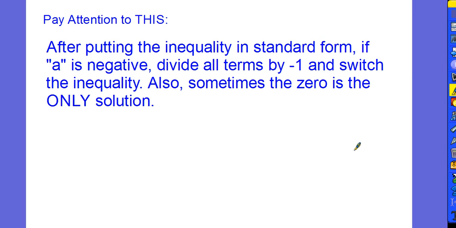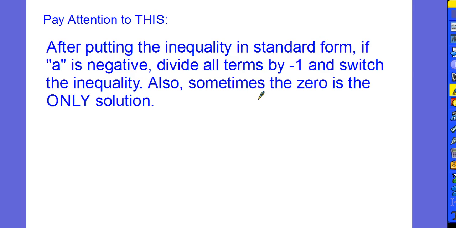So to avoid that, we are going to divide all the terms by -1, and we're going to switch the inequality. So if it says less than, we're going to switch it to greater than, vice versa. Also, sometimes, infrequently, but sometimes, the 0 is the only solution.